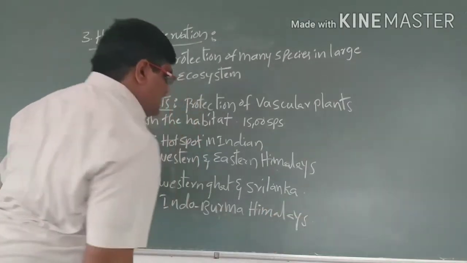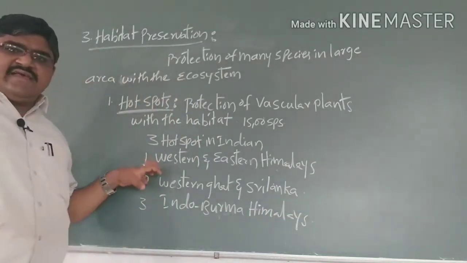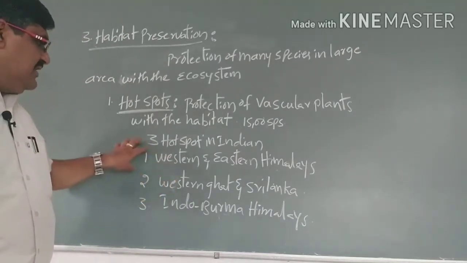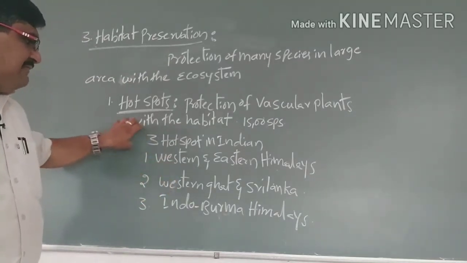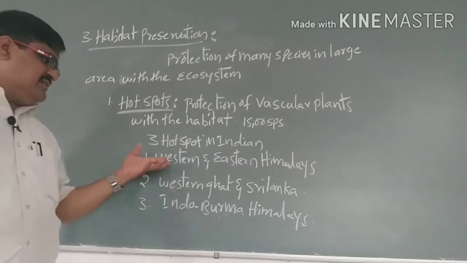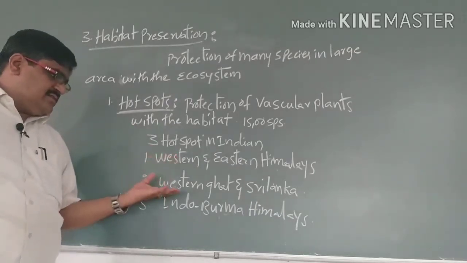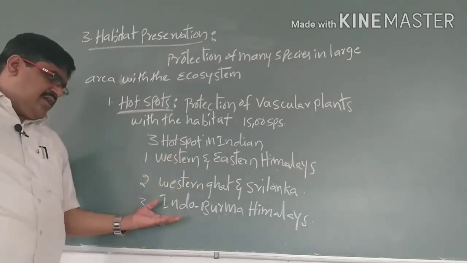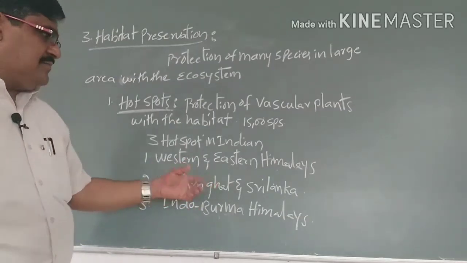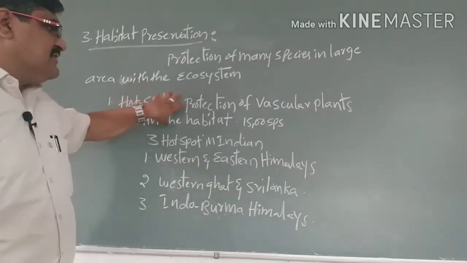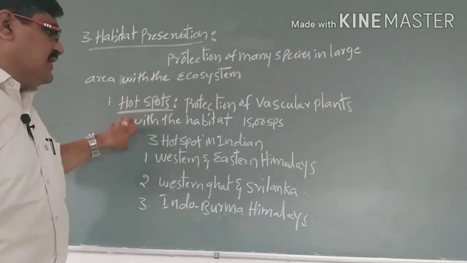So these are the 3 hotspots present in India, where the vascular plants are protected within the habitat.